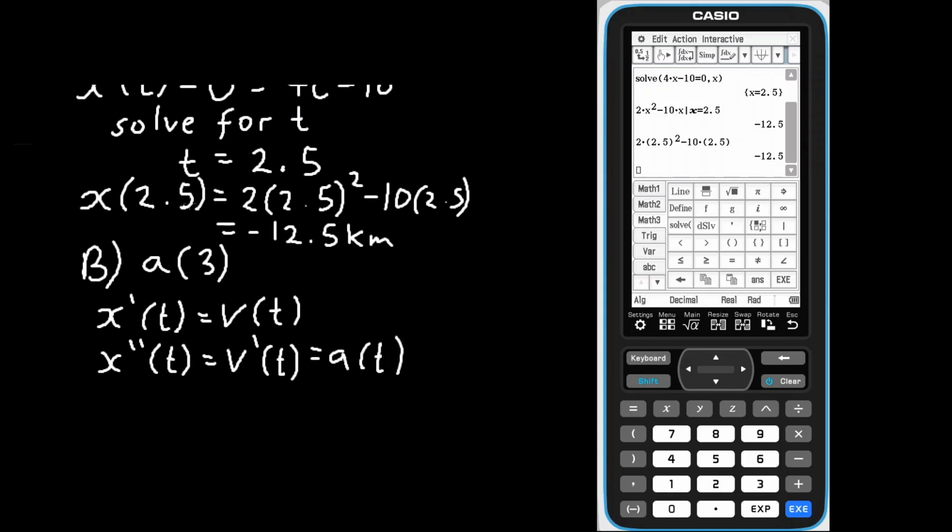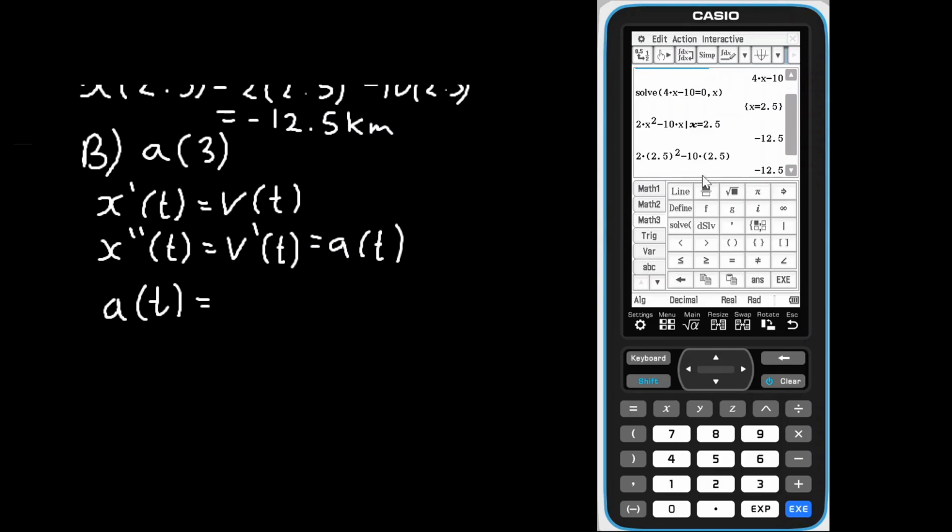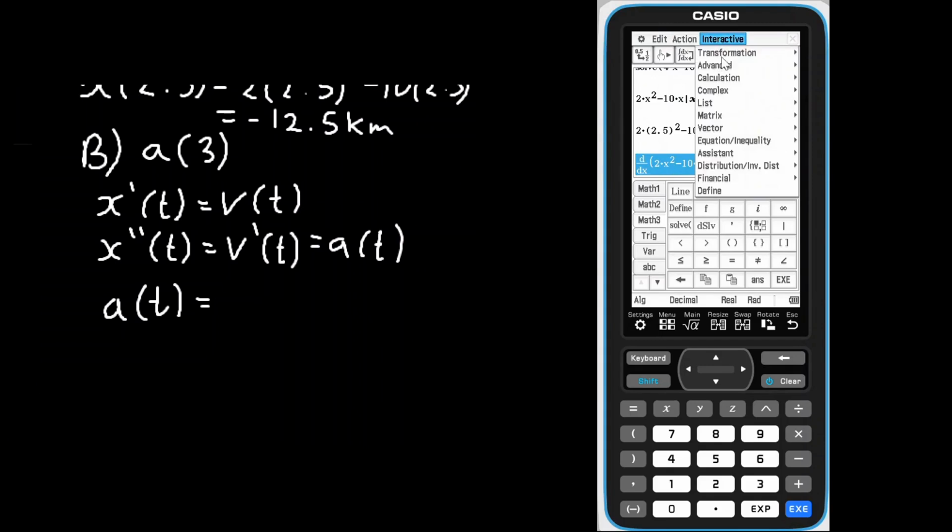So what we can say, this is only just one mark, it's a calculator assumed question. So we can say a of t is equal to, and then we're just going to write our formula in from the calculator. Okay, so we'll just differentiate this one. Edit, copy, edit, paste, and I'll just differentiate it again. So interactive, transformation, calculator.